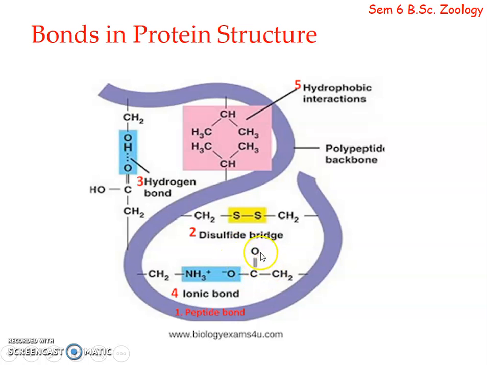This is the additional carboxyl group of the acidic amino acids, and this is the additional amino group of the basic amino acids, not the amine group attached to the alpha carbon. They come together during ionic or electrostatic bonding. Such interactions are again non-covalent bonds.